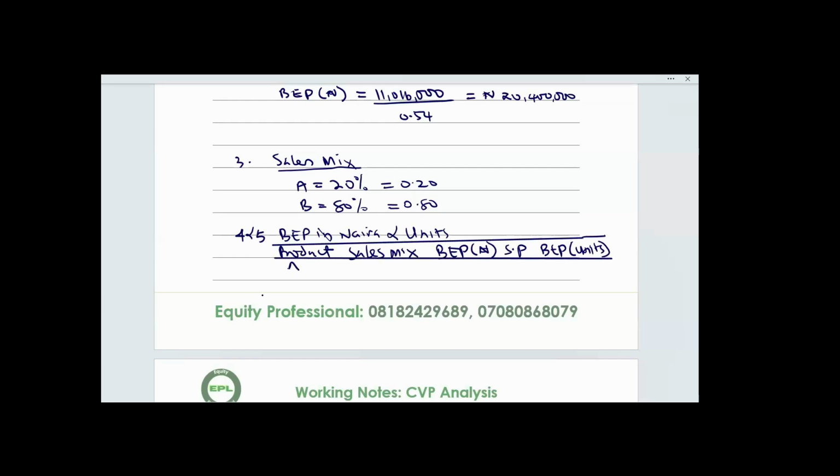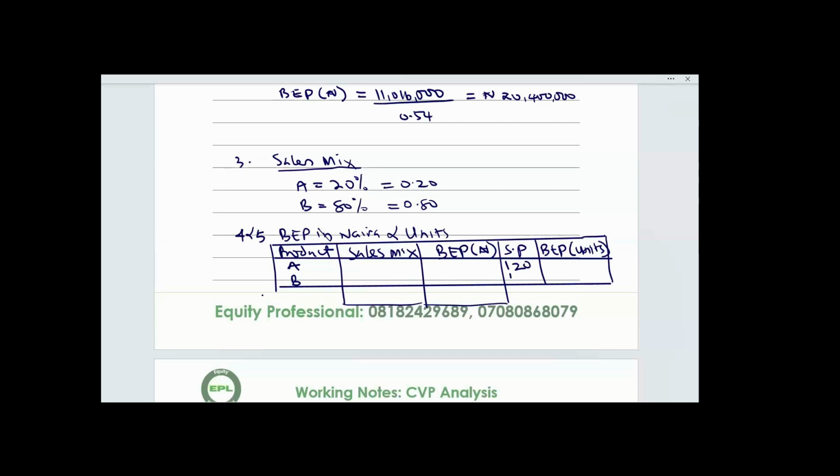Product A, product B. All right. So selling price of product A still remain 120.